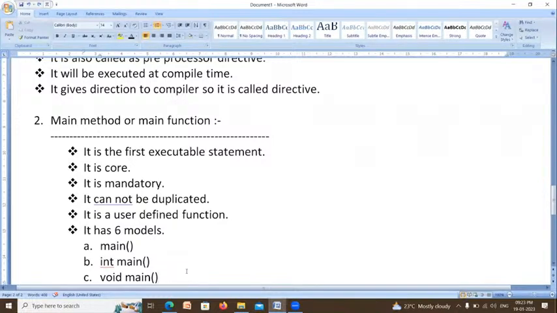You can use the function in any one of the 6.